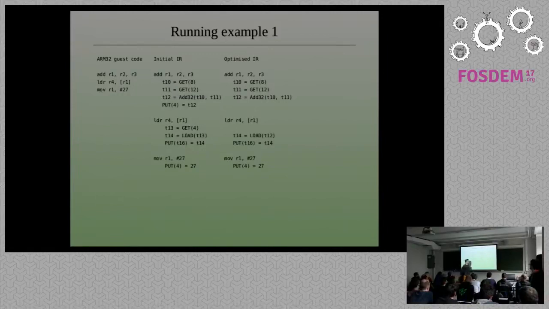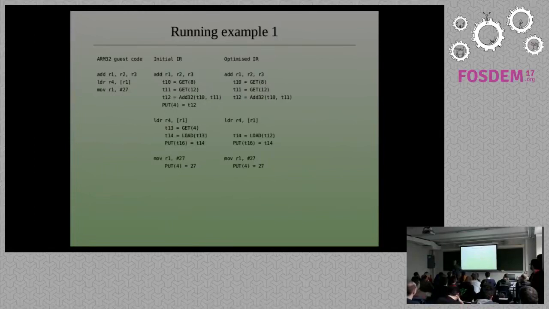This is then put through the intermediate representation optimizer, which does a whole bunch of things, but one of the things that's most important is it chains the gets and the puts together. So it's going to take this fetch here and observe that the value is actually written further up, so it's just going to hook this up like that. So now we're loading from T12, which is just what we've computed up there.